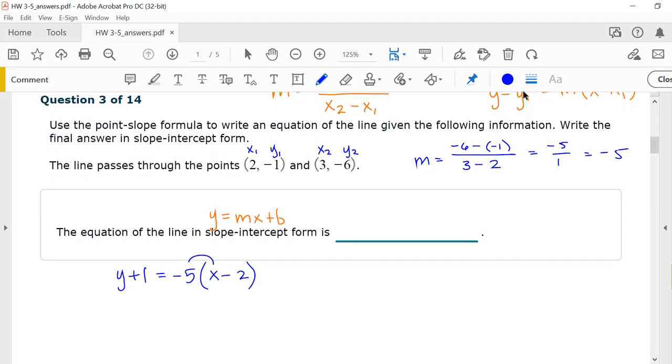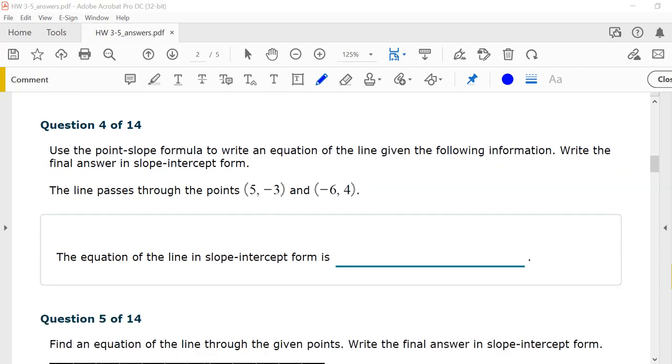So I'm going to distribute this -5. So I get -5x, -5 times -2 is plus 10. And then I need to subtract 1 from both sides. So I get y equals -5x plus 9. And that's my answer.